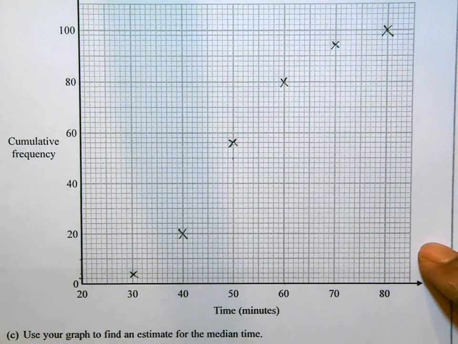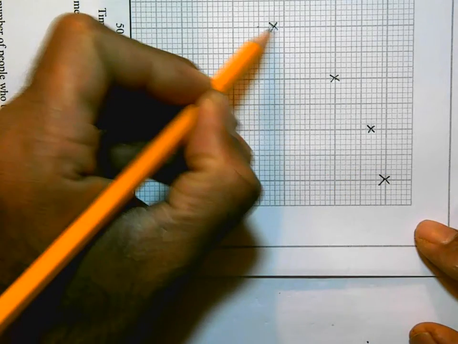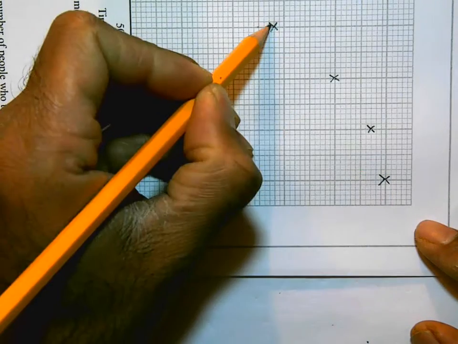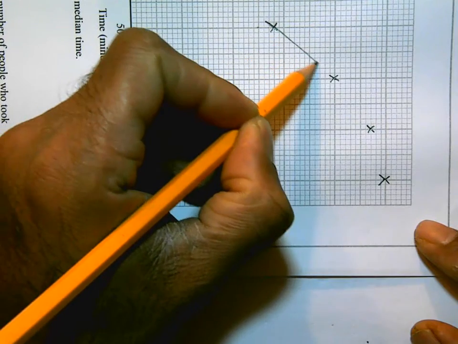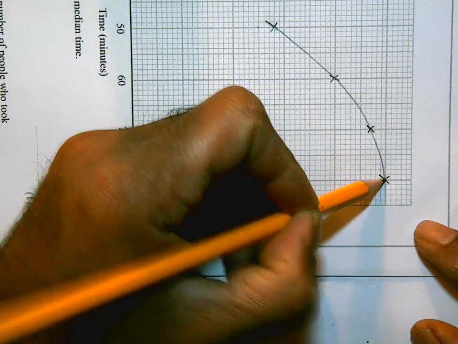You should be looking at your table as you're doing this and plotting the upper bounds against the cumulative frequency. Now at this stage, don't join them up with straight lines. Make sure you draw a smooth curve going through them all. I'm just going to turn the paper around so I can use the sweep of my hand to draw the curve through these crosses.